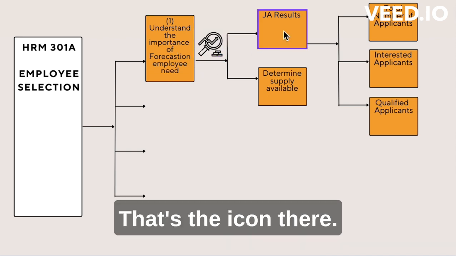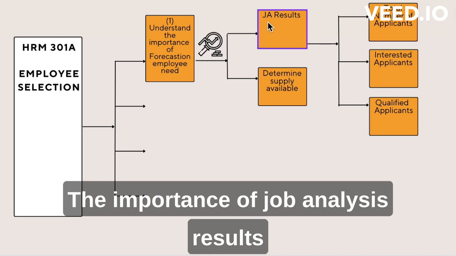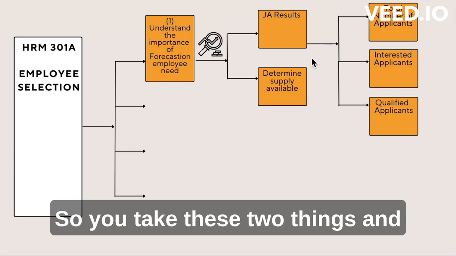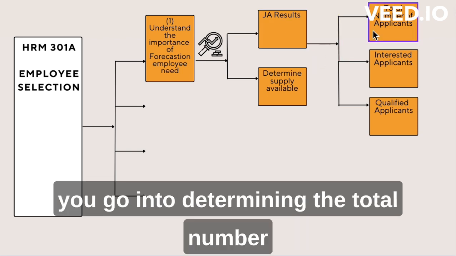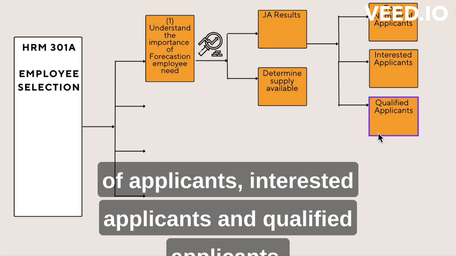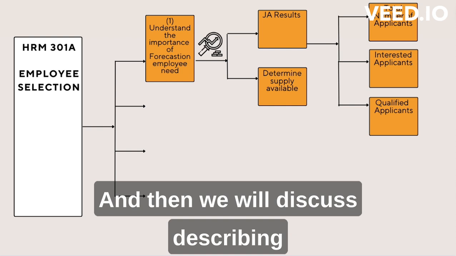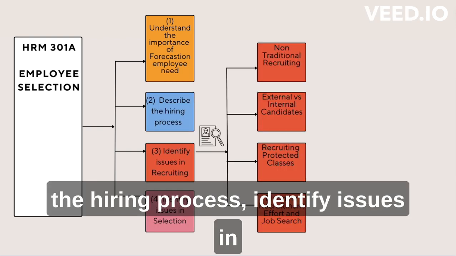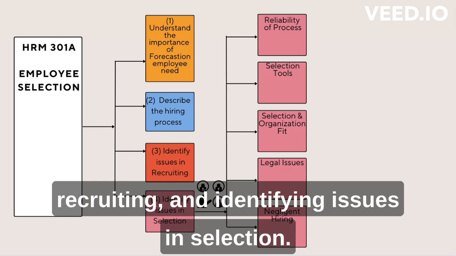The importance of job analysis results and determine the supply available. So you take these two things and you go into determining the total number of applicants, interested applicants, and qualified applicants. And then we will discuss describing the hiring process, identifying issues in recruiting, and identifying issues in selection.